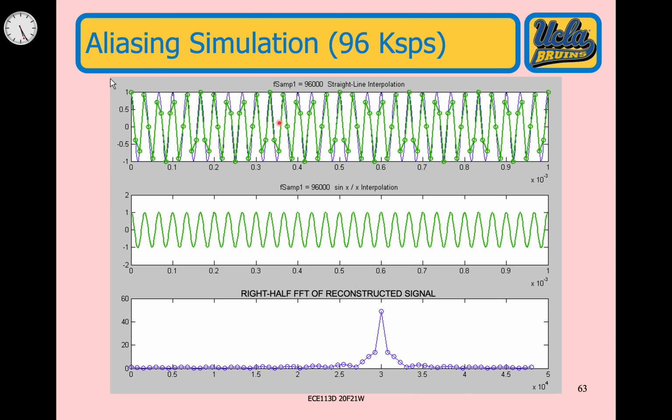It's well underneath the Nyquist frequency of 48, and yet look what straight line interpolation gives you. It doesn't look anything like a nice sine wave. But with sine x over x, you get it back. It's beautiful. And this is the FFT showing the single peak. The plot stops at the Nyquist frequency.